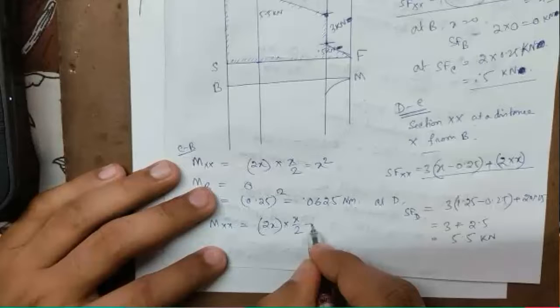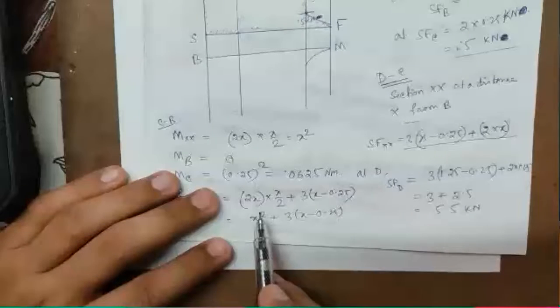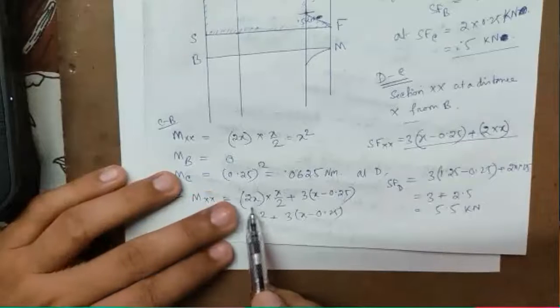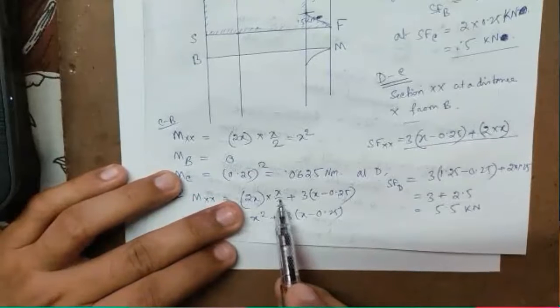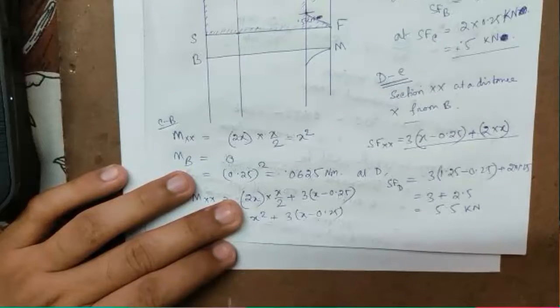The video again got paused. So the equation will be, this is the load, this is the distance from the location of the load to the section.